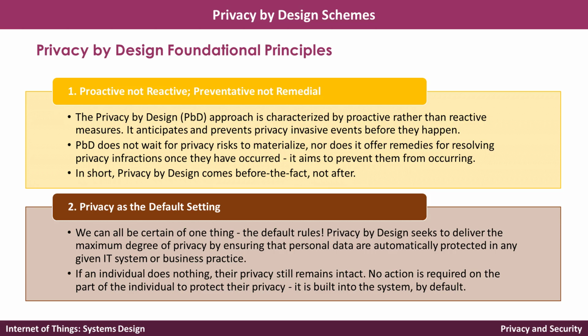You don't have to wait until something bad happens or the system is compromised to force them to change the password. Immediately after the initial configuration, you should force the end users to change the password and block them from using the system until they change it. This is one example of proactive measures.